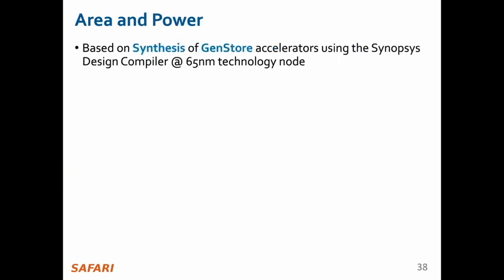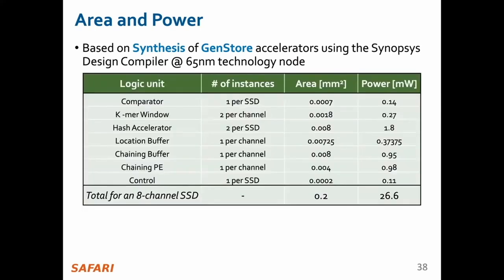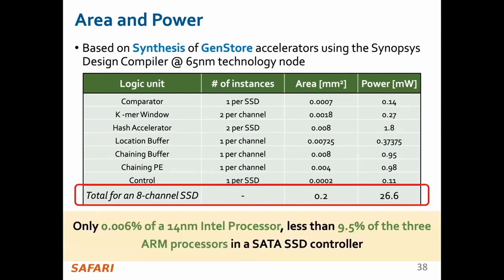We find the area and power values of GenStore by synthesizing GenStore EM and NM using a 65 nanometer technology node, and find that for an 8-channel SSD, the area of GenStore is 0.2 millimeters square, and power is 26.6 watts. By scaling the area to lower technology nodes for a fair comparison to some common systems, we observed that the area overhead of GenStore is 0.006% of an Intel processor and less than 9.5% of the 3 ARM processors in a SATA SSD controller.